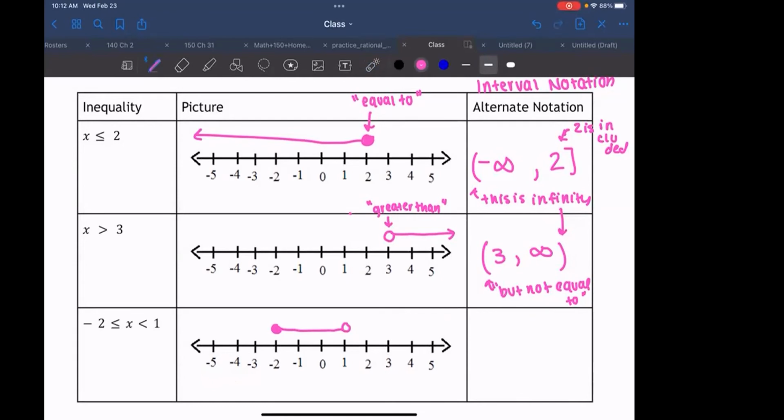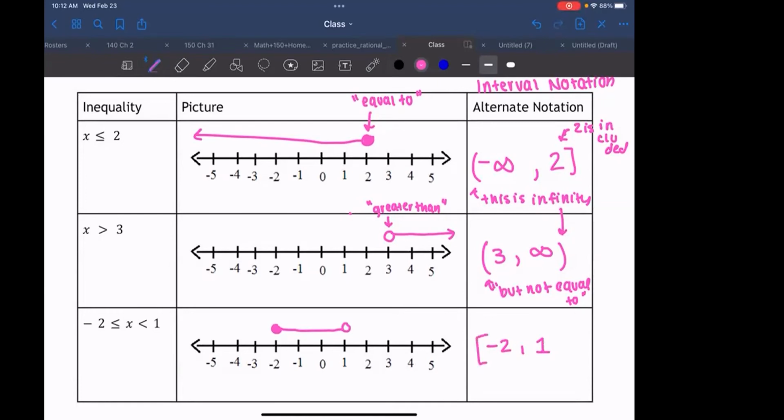Okay. Let's go and talk about how we would write this in interval notation. We have a -2 and a 1. I wrote the -2 first because it's the lesser number, it's lesser than 1. Okay. Which one should get the bracket?